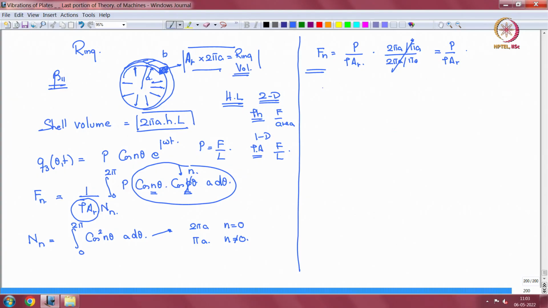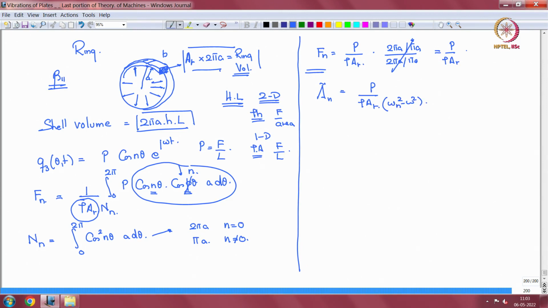So, we are looking at stiffening of a shell by a ring using the receptance method, and we just found the Fn for the ring in the last class. So, the gamma n tilde, let us say, is P by rho A r into omega n square minus omega square.